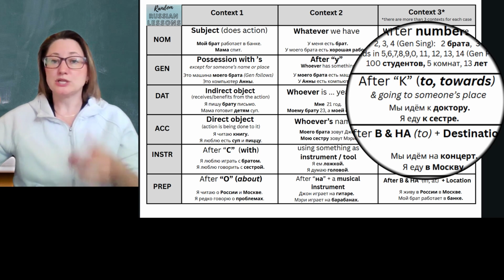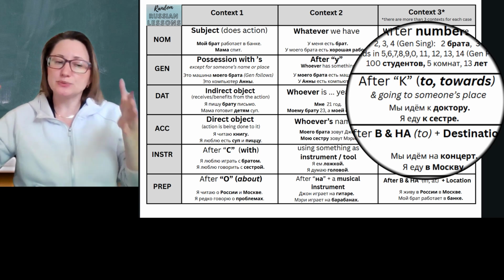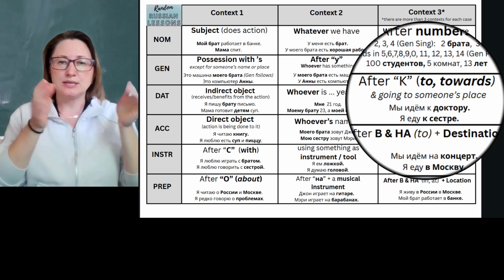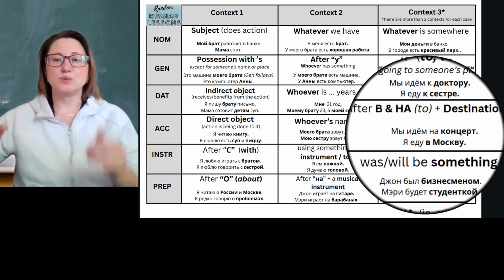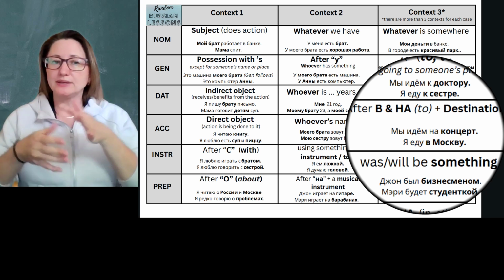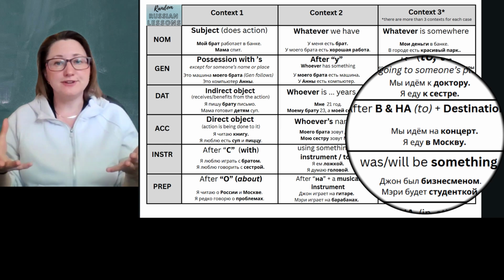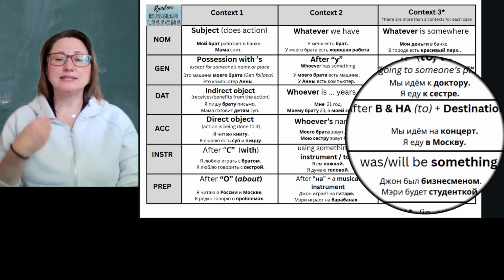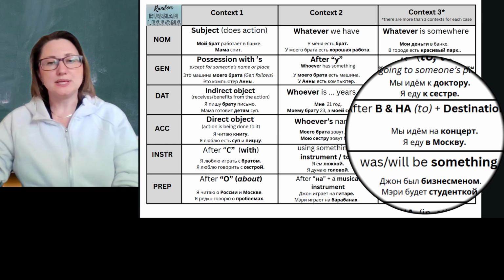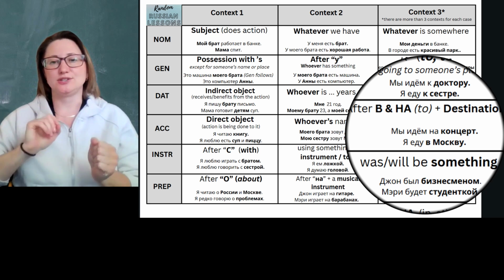Your brother's place would be a destination, but because it's a person, you would be using к plus dative. And then when your destination is not a person, it can be somewhere where you can enter, like a building, or it can be an event, like something that's happening. Then that's when you use в or на, both mean to, plus that destination in the accusative case.